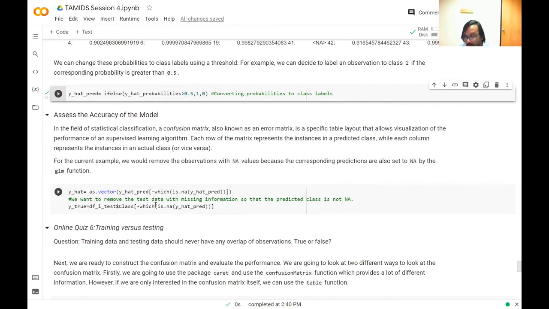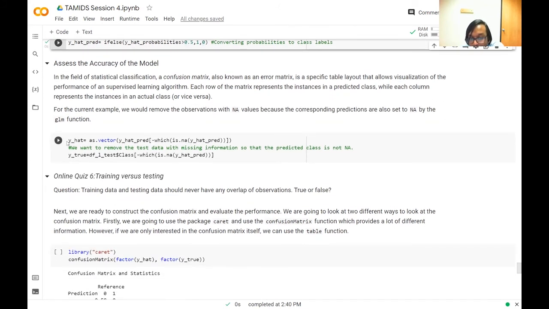And wherever this is.na is true, I want to extract those positions by the which function. And then the minus sign says that I want to remove those positions. Right? So the y hat is a vector that has the predicted values, and the y true is the vector that contains the true values of the classes.